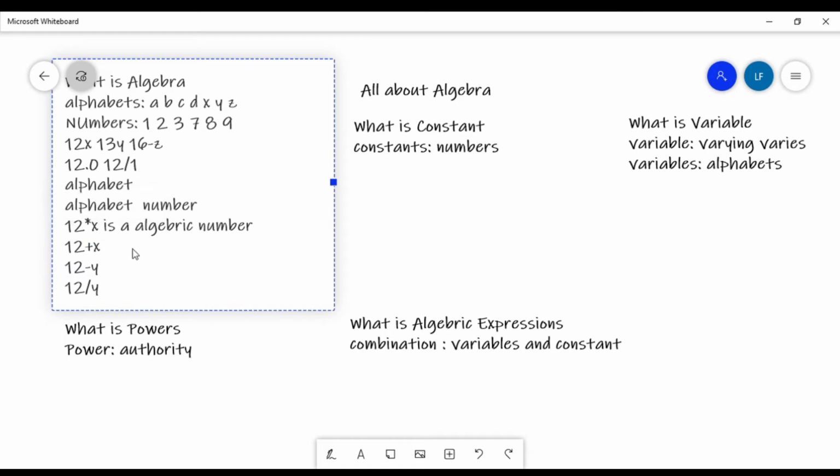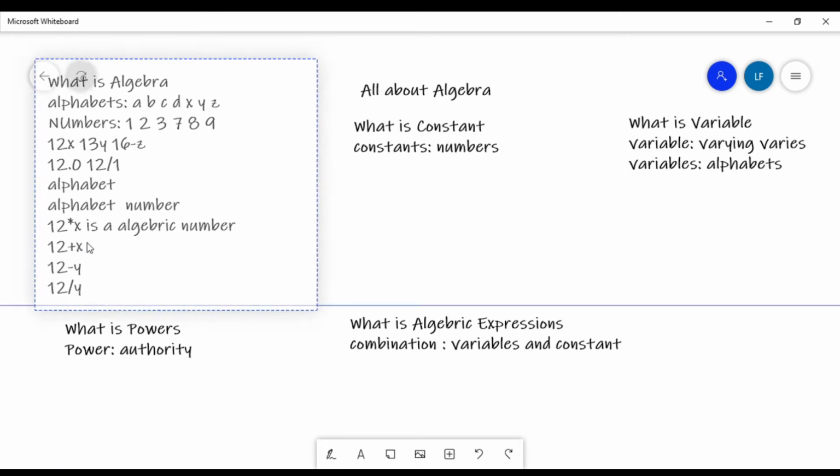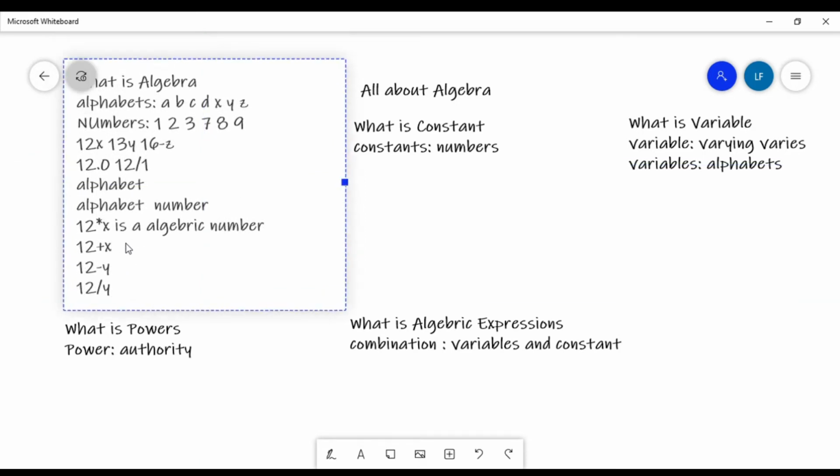Well, as I told you earlier, if you consider this as one whole, and even this as one whole, same thing goes for this, if you also consider this as a whole, then it will count as an algebraic number.